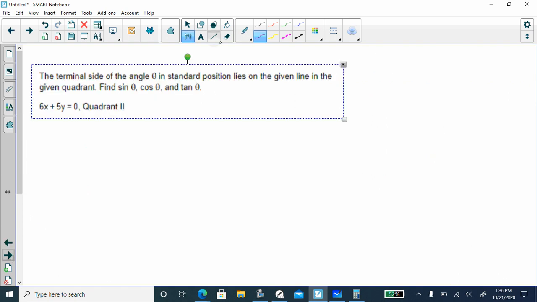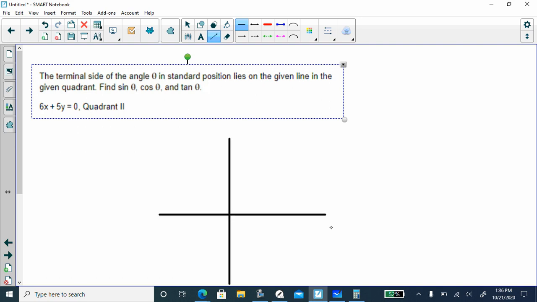All right, so now talking about having a line 6x plus 5y equals 0 that goes into the second quadrant. Notice it goes through the origin because if x is 0, y is also 0. So that line, something like this.